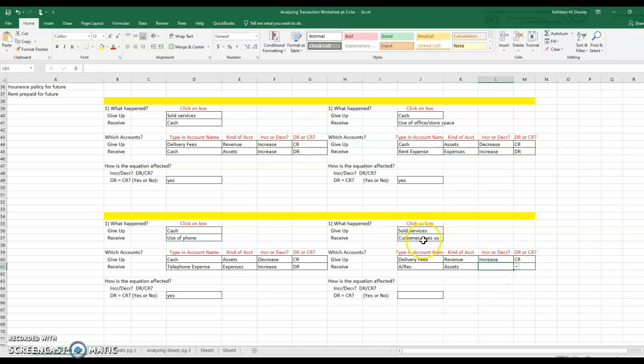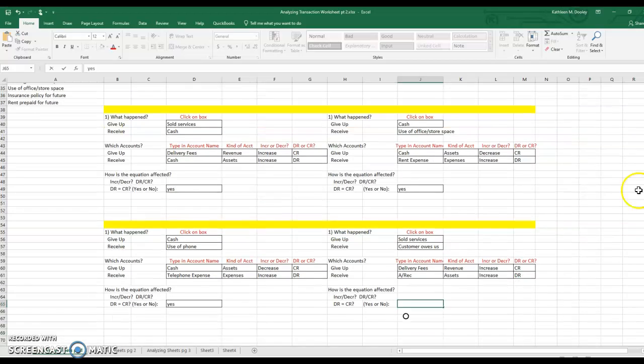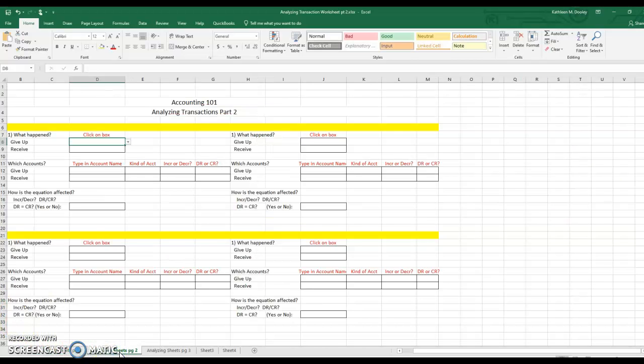The customers owe us more than they did 5 minutes ago, so that's an increase. An increase in an asset is a debit. I have one debit and one credit, so yes, my debits equal my credits, which means my accounting equation balances. Okay, so for the next transaction, we'll go to the next page to start on that.